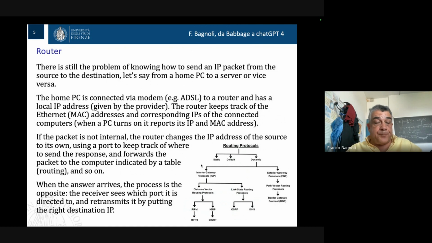And so the routing tables are one of the arguments of computer science which is still studied and investigated.